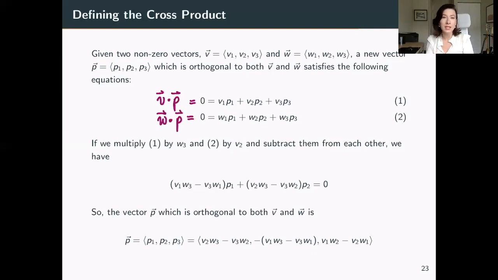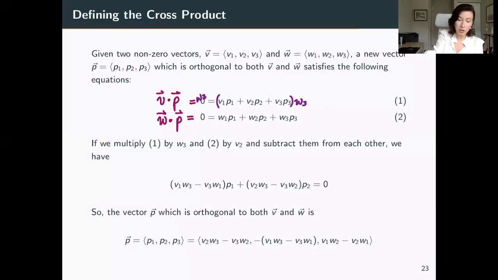From here, we need to do some tricky algebra to find out what the components of our mystery vector p happen to be. We do this by multiplying both sides of equation 1 by W3. On the left-hand side, we still get 0.